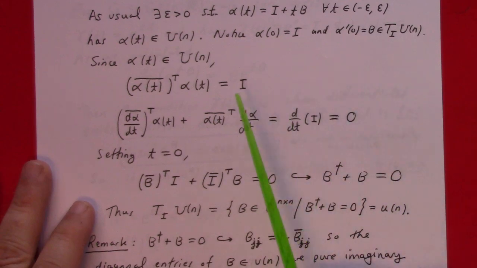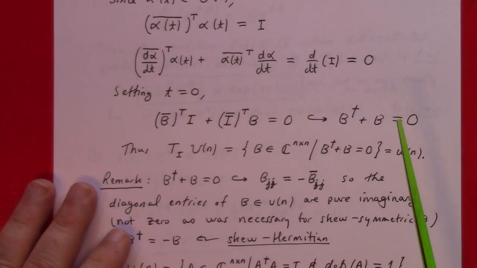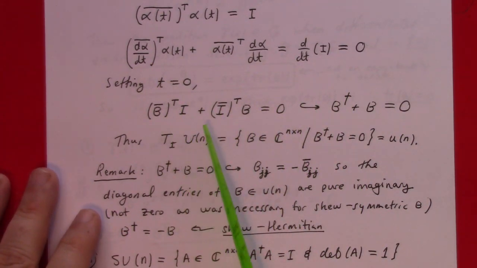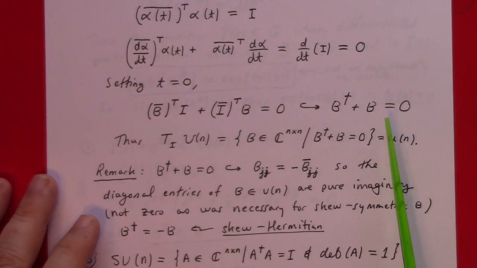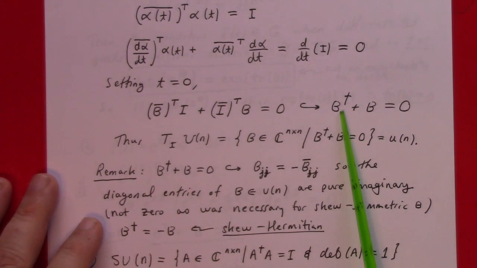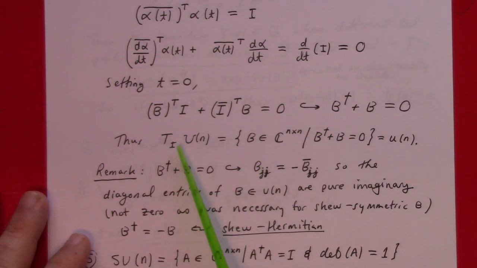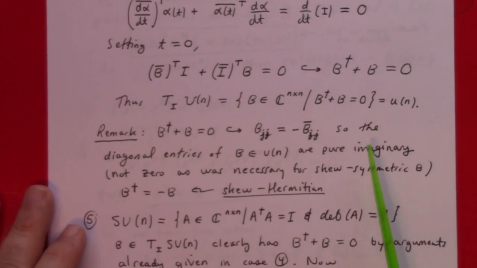And so once more, we differentiate the defining condition of the group for the curve that goes through the identity, and as such, we derive a necessary condition on the velocity vector to that curve, namely that it is an anti-Hermitian matrix, that the dagger of B is equal to minus B. And that makes the tangent space to the identity, which is called little u(n).